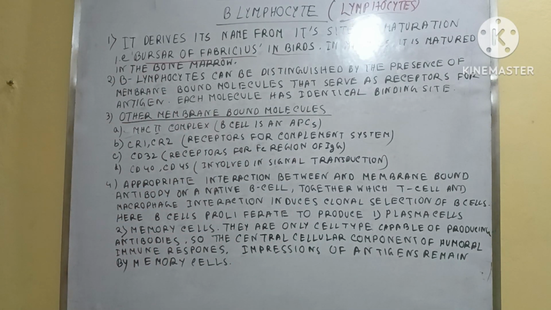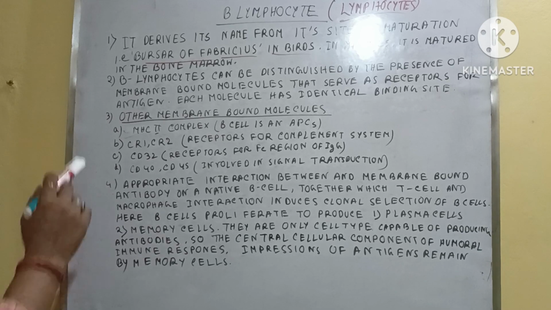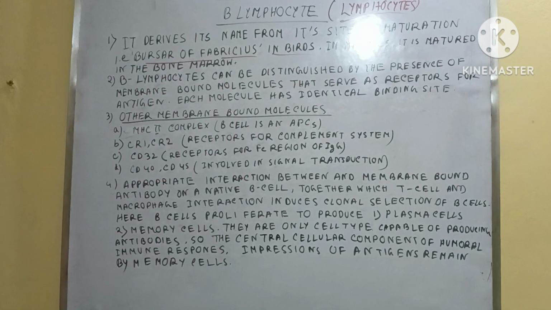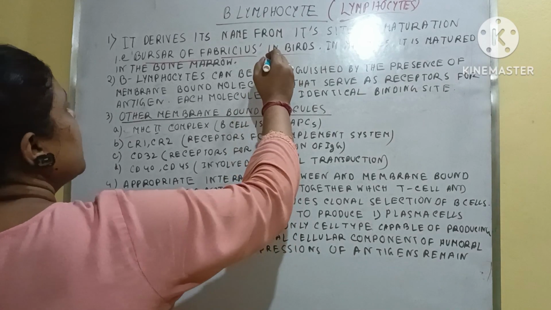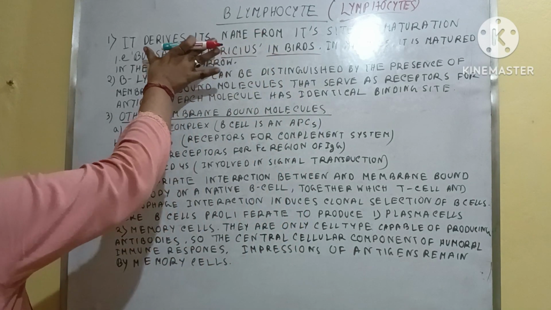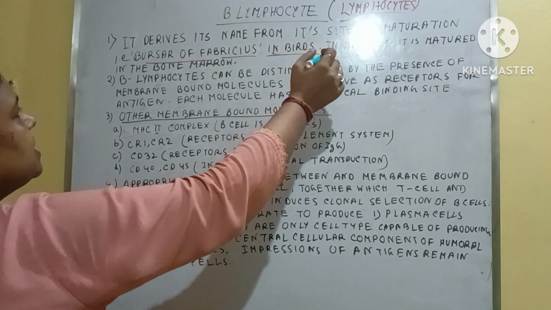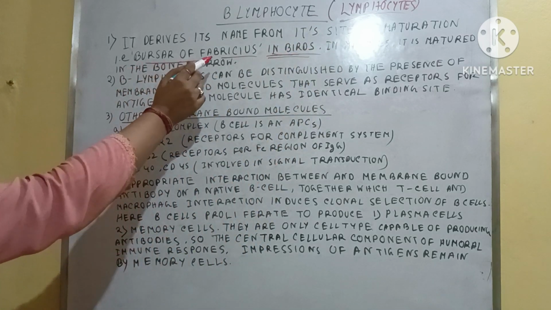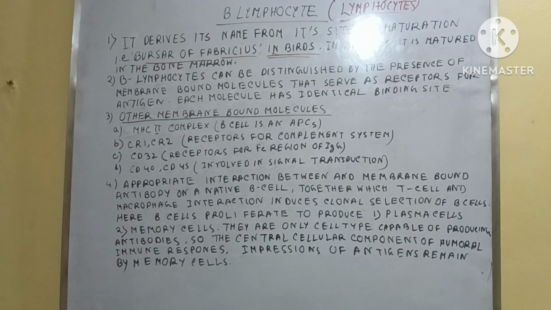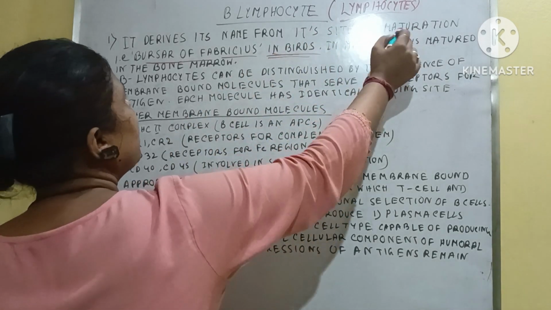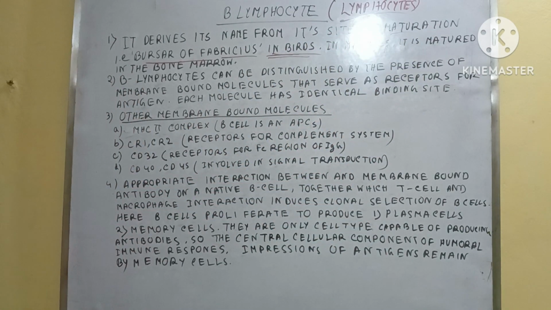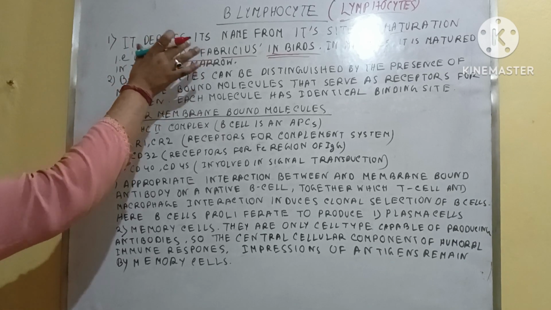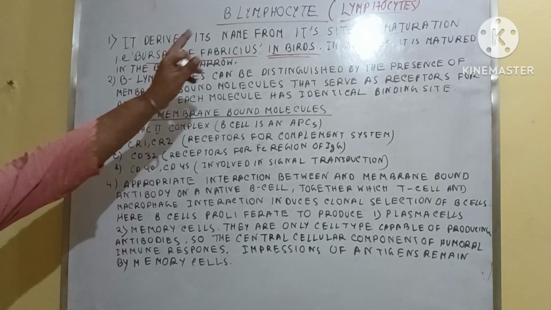B lymphocytes generally derive their name from their site of maturation, that is the bursa of Fabricius in birds. This is the actual location where the B lymphocytes are matured, and this term is used for naming the B lymphocytes.